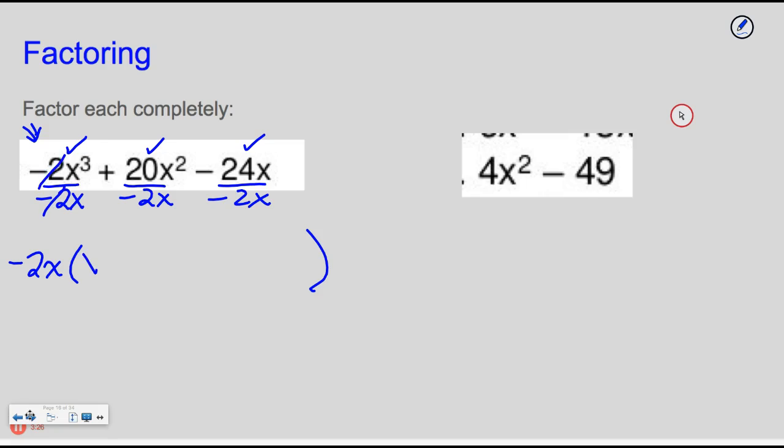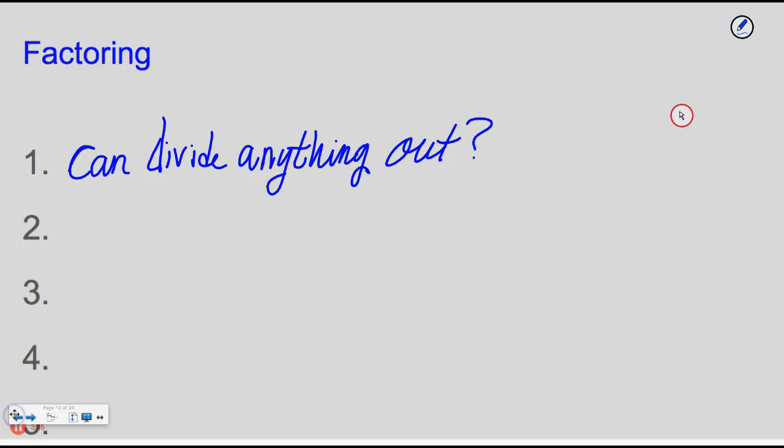These would cancel, leaving an x squared. These two would cancel, leaving a -10x. And the last, a negative divided by negative, will give me a +12. So make sure you divide that -2 out of everything before you start. So let's go back and go to the second thing. Once you divide anything out, it kind of depends on how many terms there are.